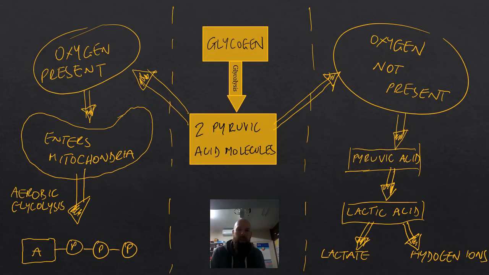On the left-hand side of the screen, on this side here, we have the oxygen being present. If the oxygen's present, like I said, it enters the mitochondria, aerobic glycolysis happens, and as a result, we get our ATP molecules being rebuilt.